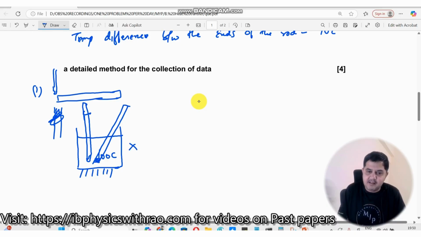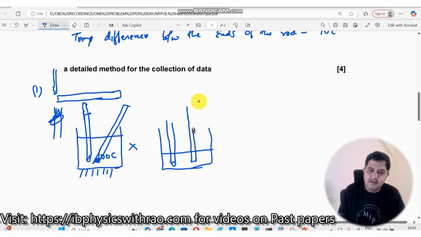My diagram is incorrect. My diagram should have been like this. This is the beaker, and let me say I put water in here, and then I put the thermometer here to measure the temperature of it, and then I put the rod here with the help of a clamp and boss stand, the retort stand, whatever you call it.